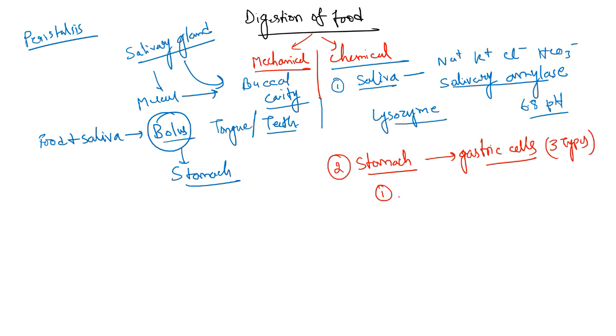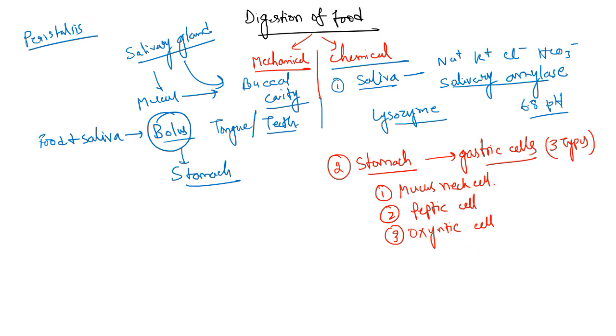It has a mucous neck cell, it has a peptic cell, and it also has an oxyntic cell, which is also known as parietal cell.